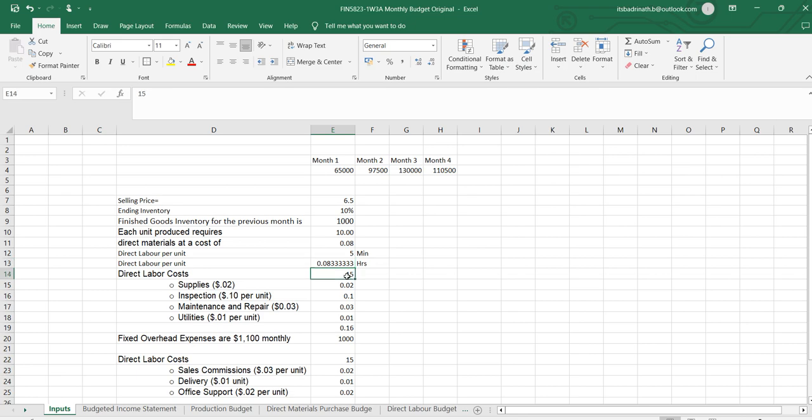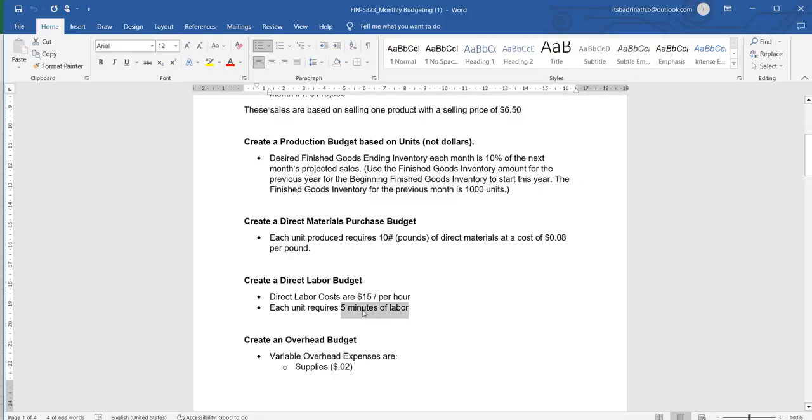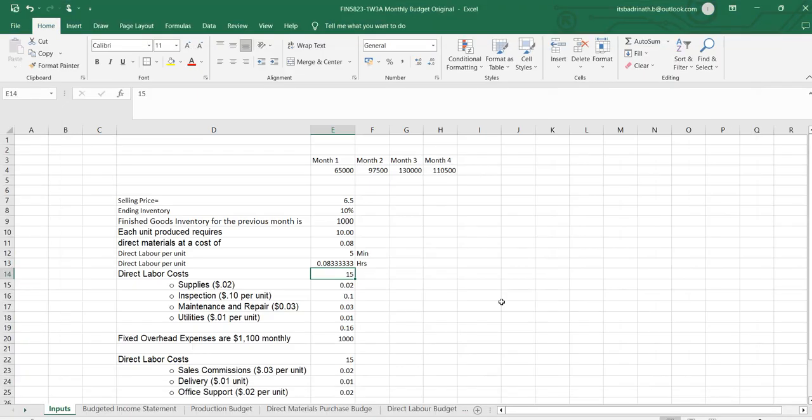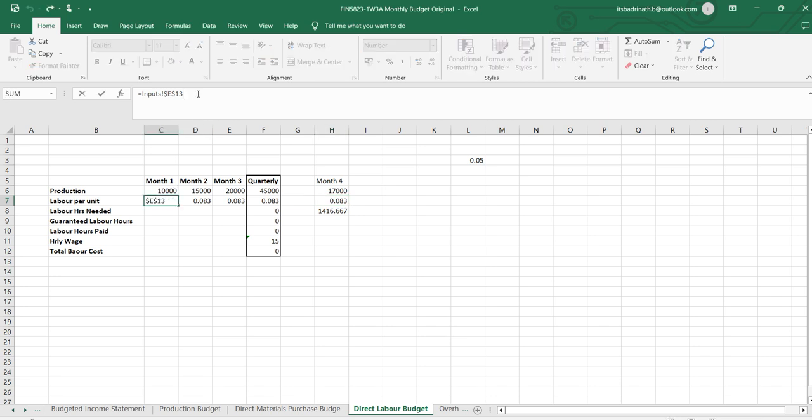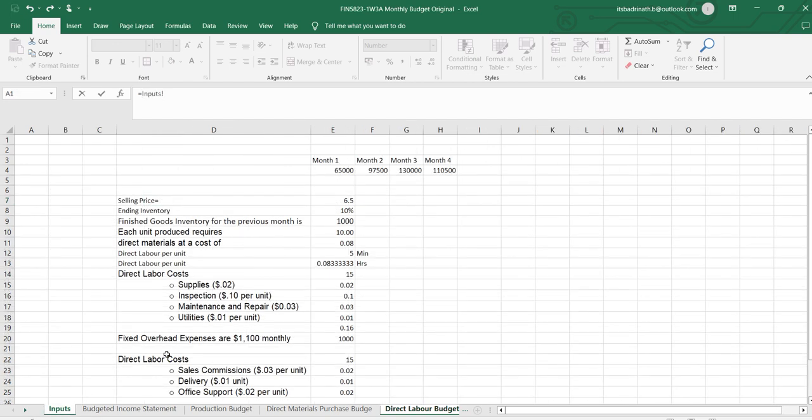So we transformed 5 minutes into hours, then took the cost mentioned here, 15 per hour. This value is taken from the input sheet. You can see the transformed value there. Let me take it again, equal to from inputs.